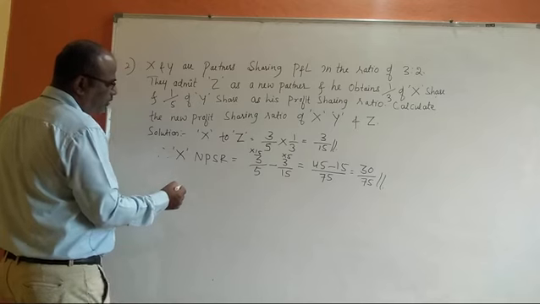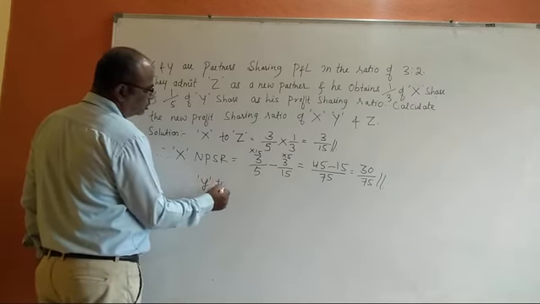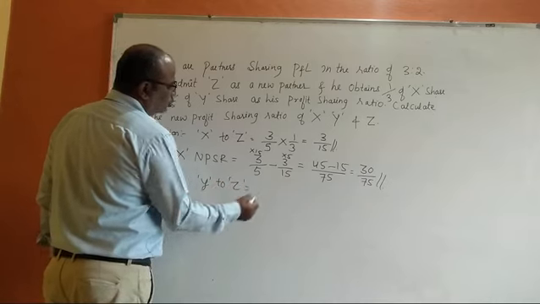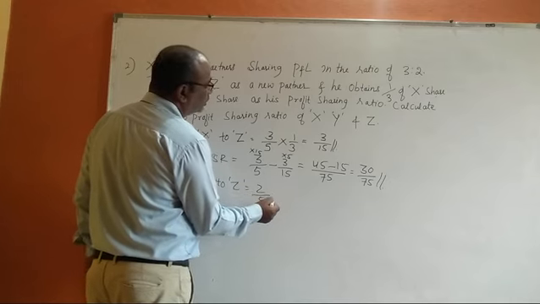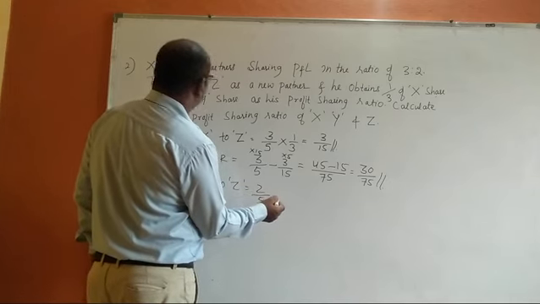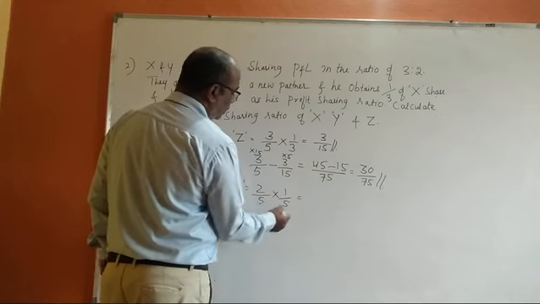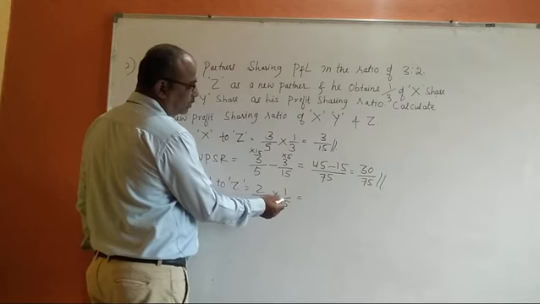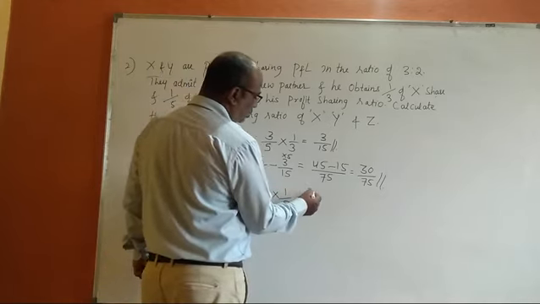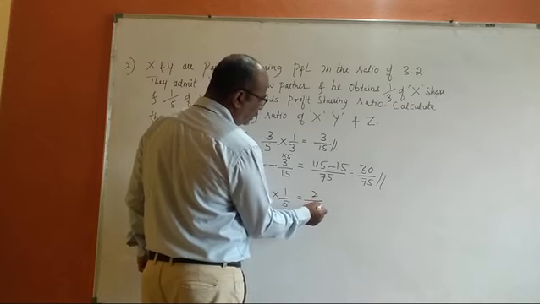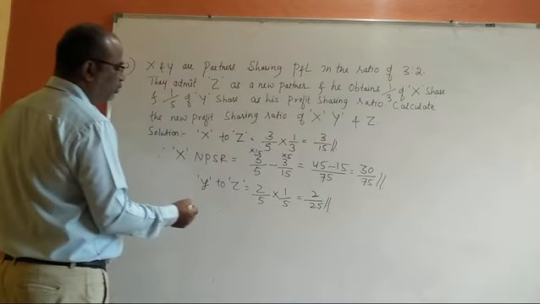So now let us calculate the new profit sharing ratio of Y. Y to Z. Y's old ratio was 2/5 and he is agreeing to sacrifice 1/5 of his share. So 1/5 of his share equals 2/25. So his sacrifice ratio is 2/25.